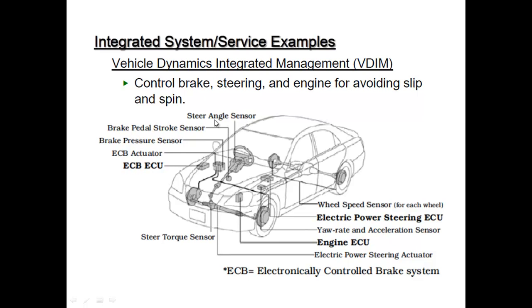It will control and monitor the steer angle sensor, brake pedal stroke sensor, brake pressure sensor, then the ECB wheel speed sensor, wheel aligning, yaw rate and acceleration sensor to maintain the wheel balance, then the electric power steering actuator, then the torque sensor to maintain the speed. All those things are integrated system services which are included in all the places mentioned here in the diagram.